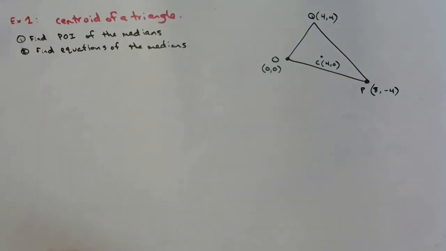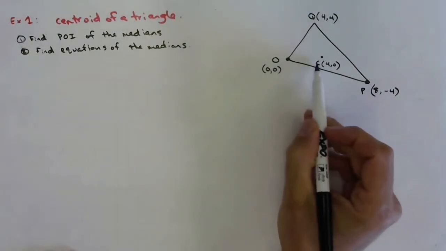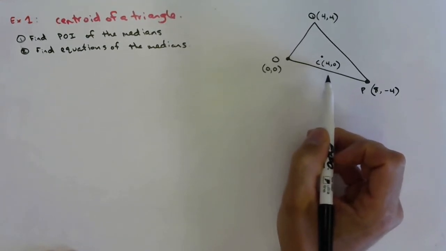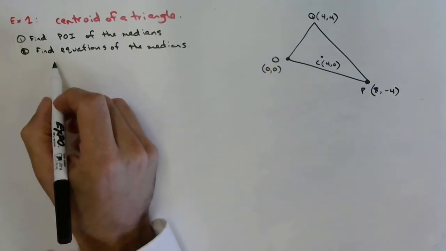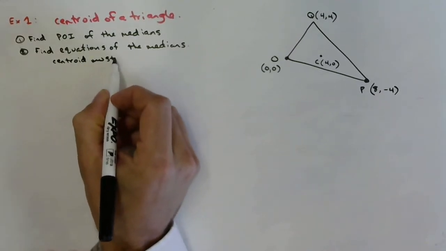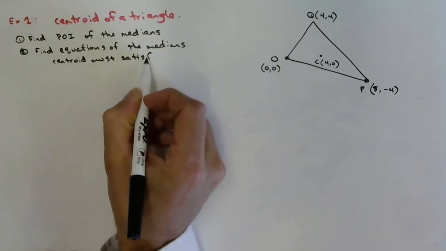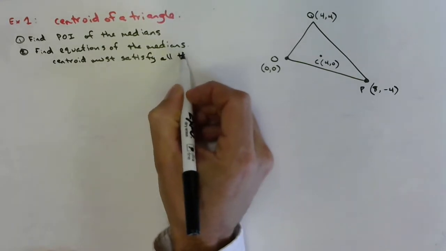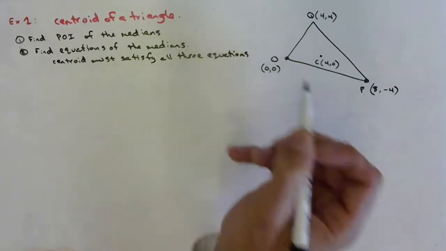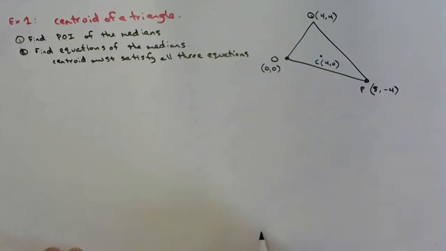And then what? If I'm not going to find the point of intersection, I already know, or I think I know, what it's going to be. How could I test whether or not this is the centroid? Put it into the median formula. Centroid must satisfy all 3 equations.